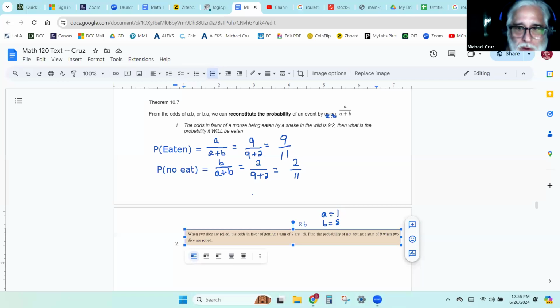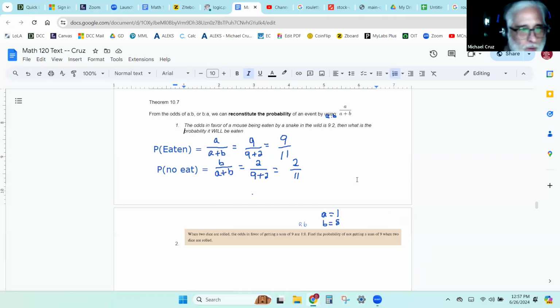I'm going to do it the way I did up there: I don't have to do both of them if I don't want to, just the one that we want.